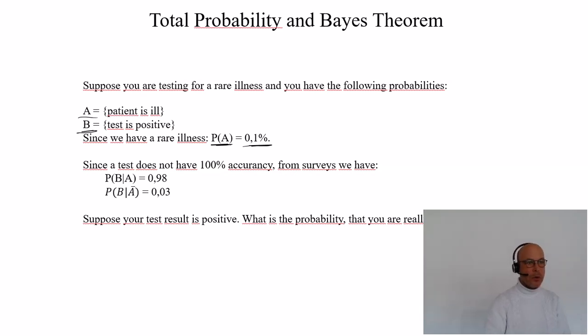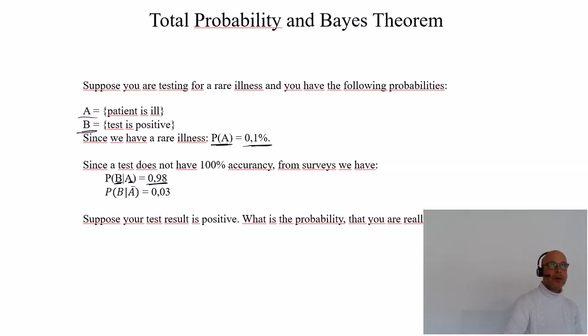And now we know about the accuracy of our tests that it is not 100%. Of course, our corona test also did not have an accuracy of 100%. But we know that the conditional probability of a positive test given that we are ill is 98%. So if we look at this, we think, well, it is quite reliable. 98%, this is a large number.